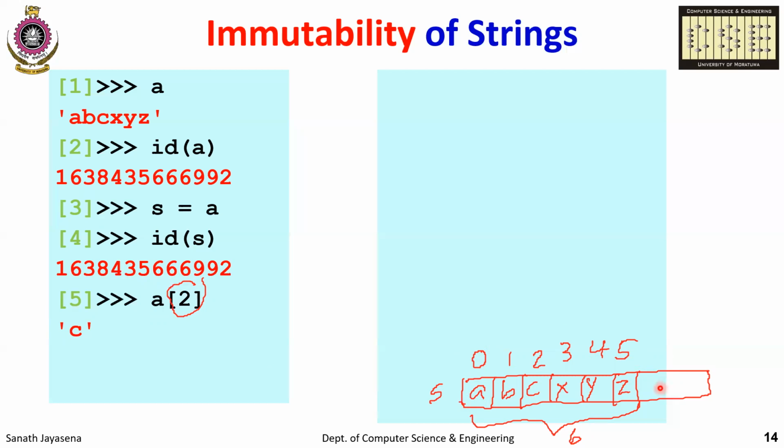It has no meaning. If you say S or A and within square bracket, if you say 6 or 7, it doesn't make sense, right? There's no such element at index 6 or 7. The last index that you can correctly refer to is index 5. So when you say A[2], it basically shows the character which is stored there.